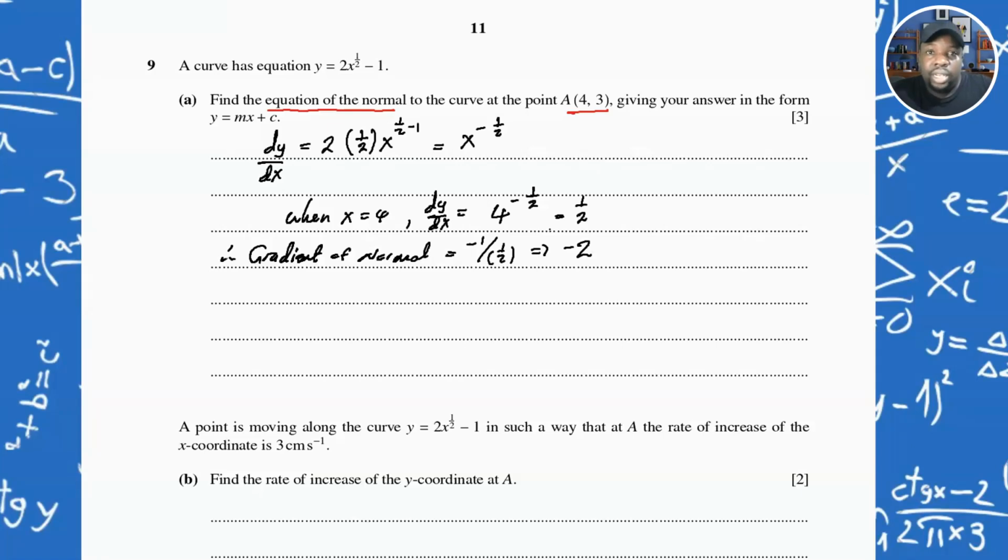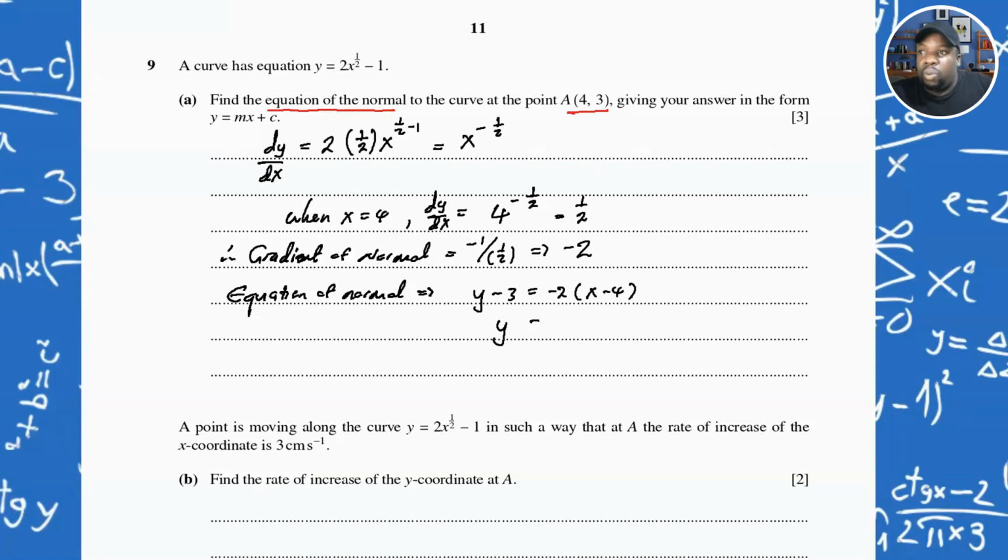So we now have the gradient of the normal. So now we can find the equation of the normal. So for the equation of the normal, we will say y minus 3 is equal to minus 2 of x minus 4. I'm using the point 4, 3 and minus 2 for the gradient.